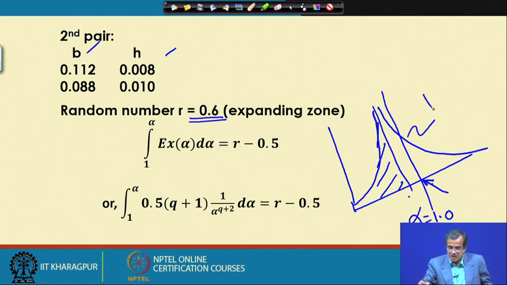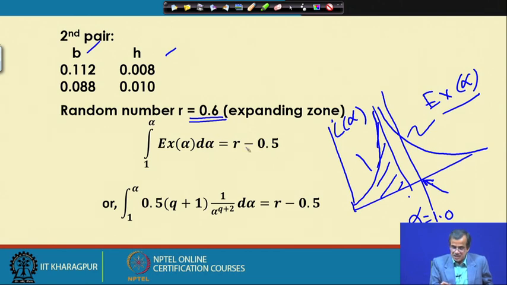This is the C alpha contracting zone, and this is the expanding zone. So, the integral of E x alpha d alpha is nothing but r minus 0.5, because up to this is 0.5. So, r minus 0.5, and then we substitute the values of q.